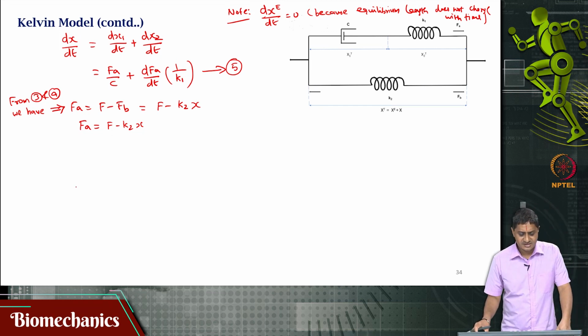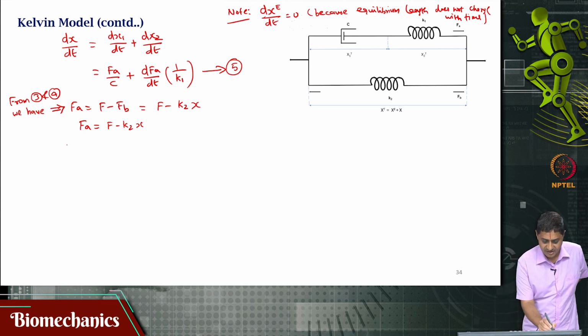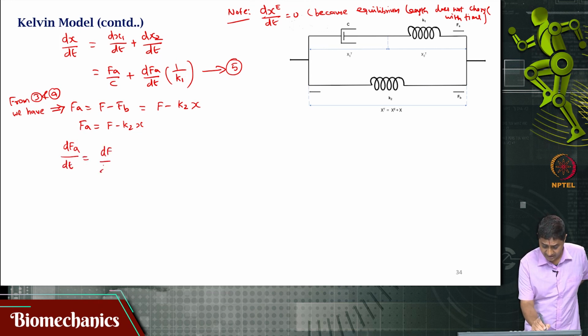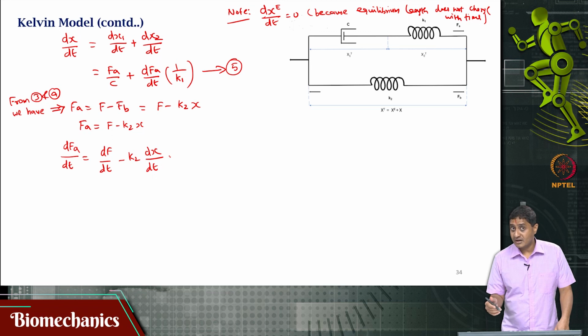But before that, let us try to find out what is dFa by dt, because here I have Fa, then what would be dFa by dt? That would be dF by dt minus K2 dx by dt. This is dFa by dt. Because if I want to substitute for Fa, I also need to find out what is dFa by dt, because both Fa and dFa by dt are there in equation 5.